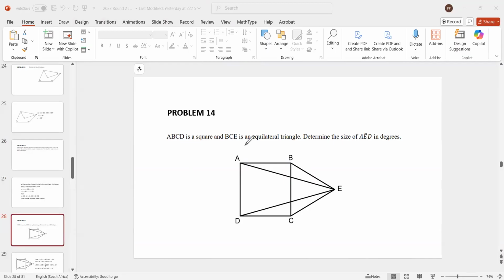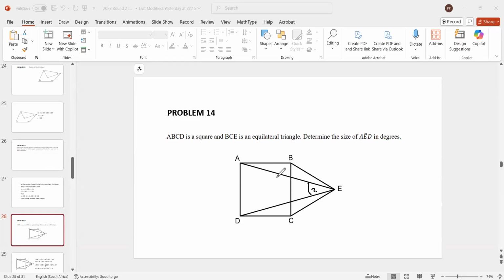And BCE is an equilateral triangle, so all the sides are equal and all the angles are 60 degrees. Determine the size of angle AED. This is the angle that we need to get.